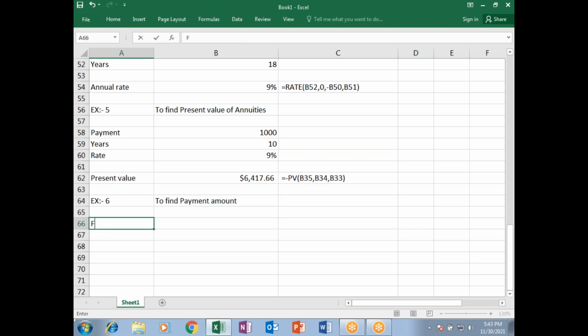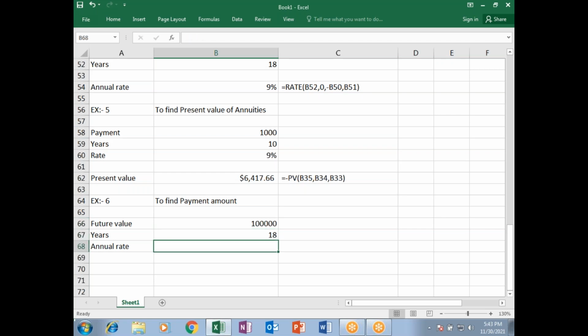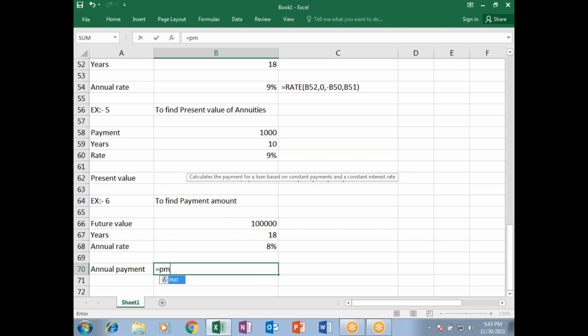here I have future value, years, rate. Think that I have 1 lakh, 18 years with 8%. So annual payment equals PMT.